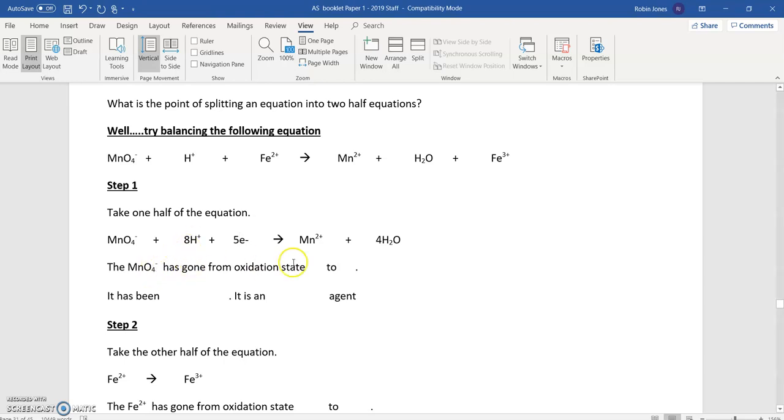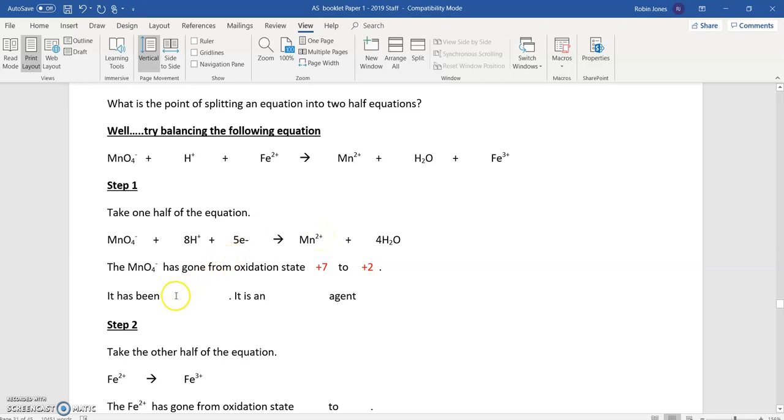The MnO4 minus has gone from oxidation state something to something. Well, in here there are 4 2 minuses, which is 8 minus, 1 minus left over. It's gone from plus 7 to Mn2 plus, which is plus 2. Okay, so the Mn must be plus 2 to leave 2 plus overall. There's nothing else there.